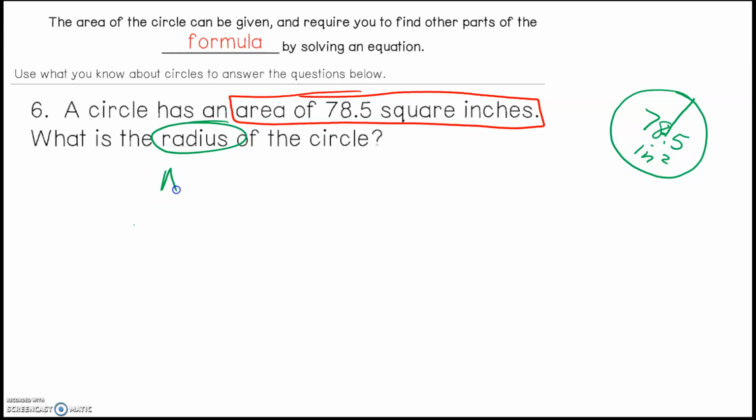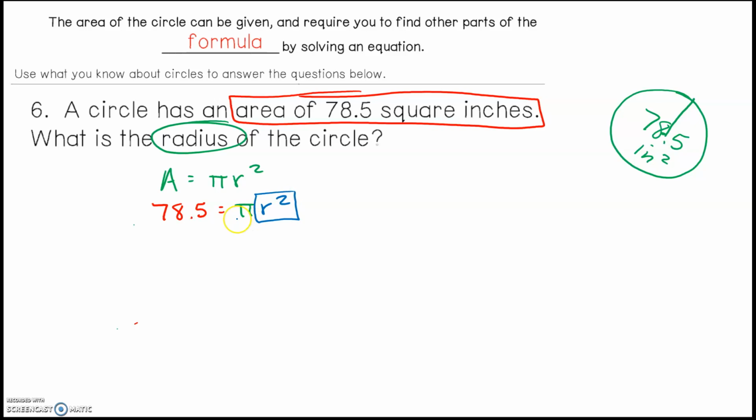So, using our formula for area of a circle, area equals pi r squared. We know that the A is the 78.5, and then we have pi times r squared. And this is what we need to find.